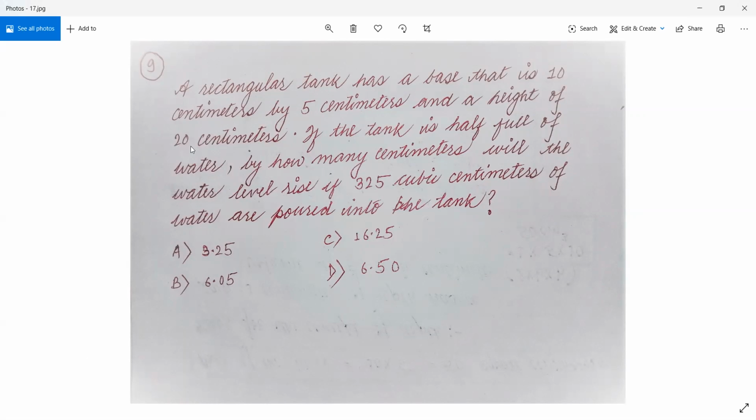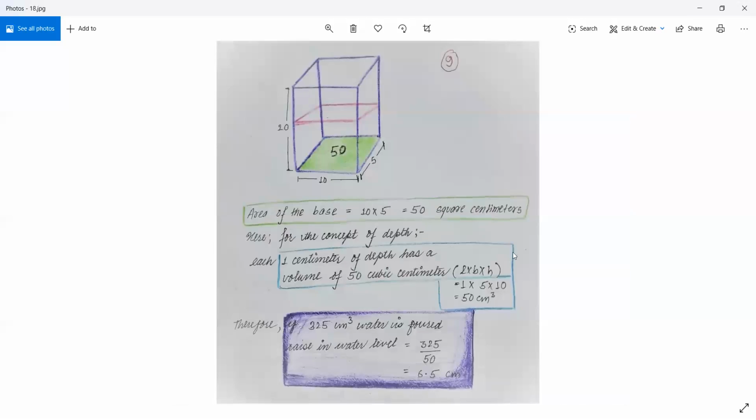We don't care about the height, that is 20 centimeters. We just need to find the height that rises when you pour the 325 cubic centimeters of water into the rectangular tank, right? So let's see the picture first.